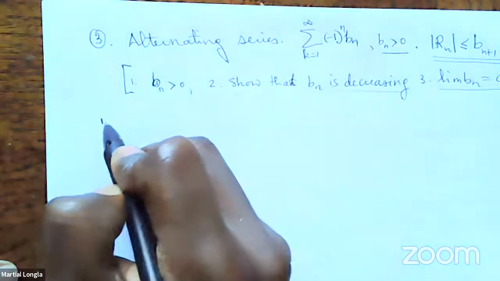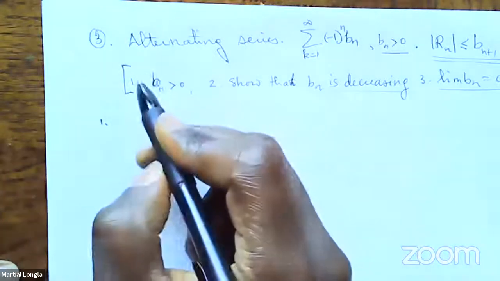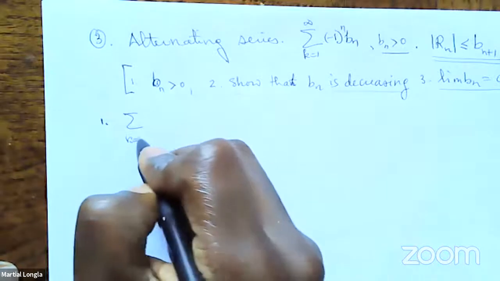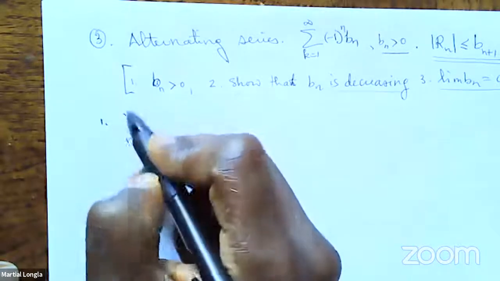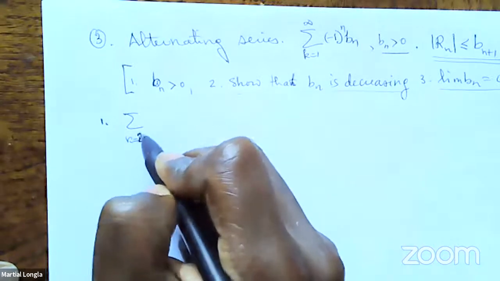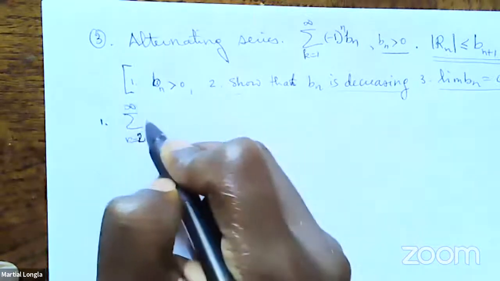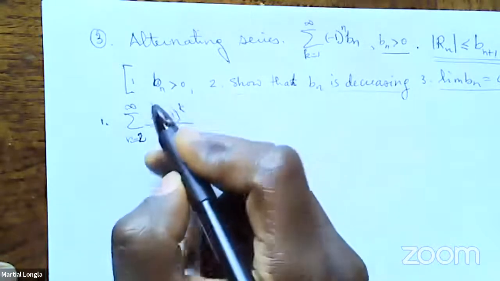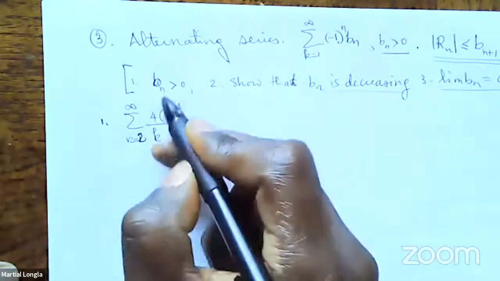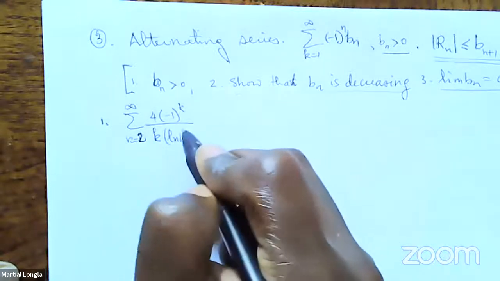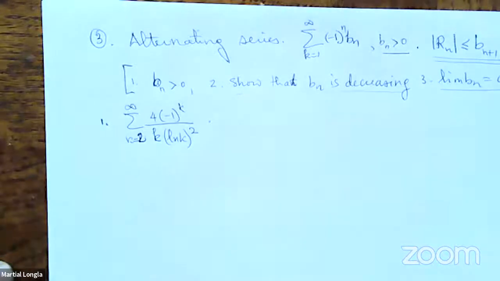Now, the first problem on this is the sum from k = 2 to infinity of 4 times (-1)^k over k times (natural log of k) squared. This is one of the problems that you had on your homework.